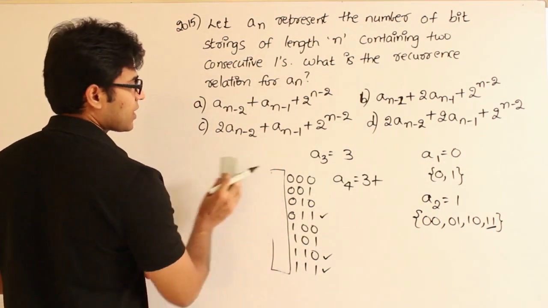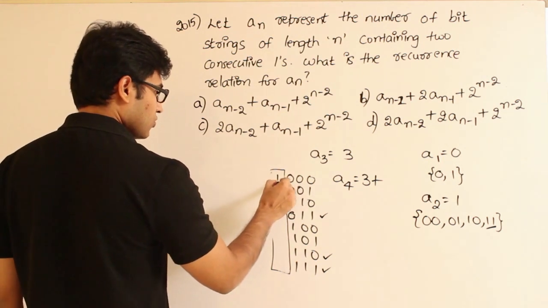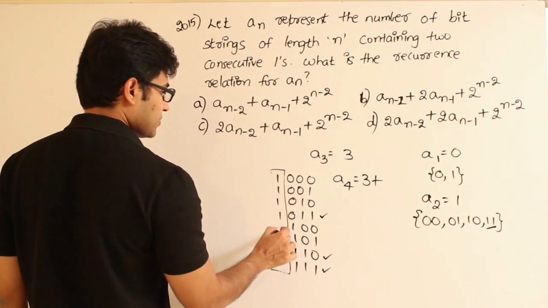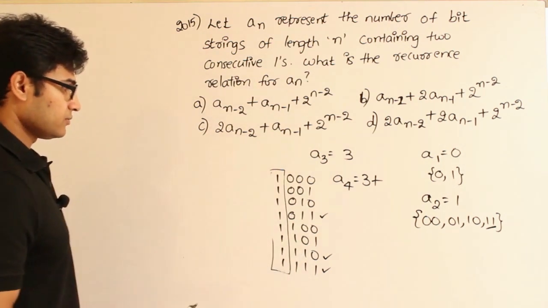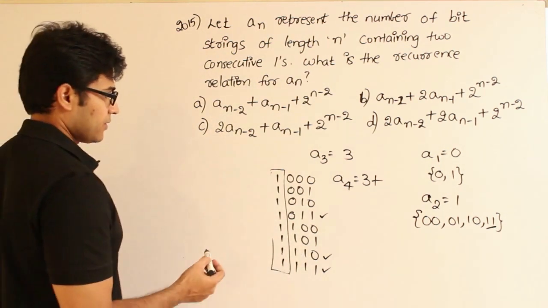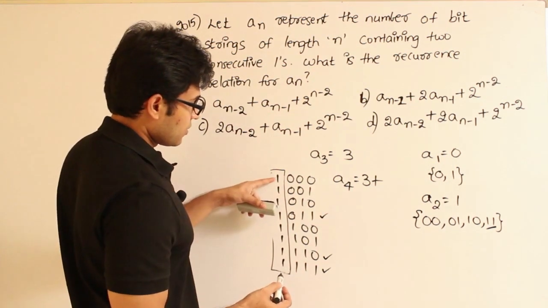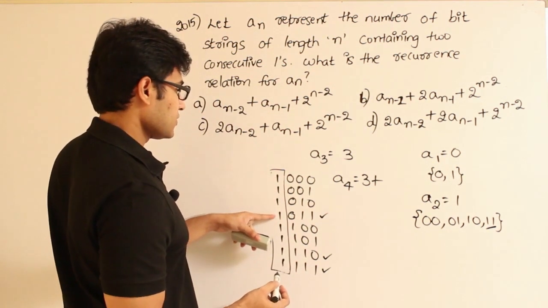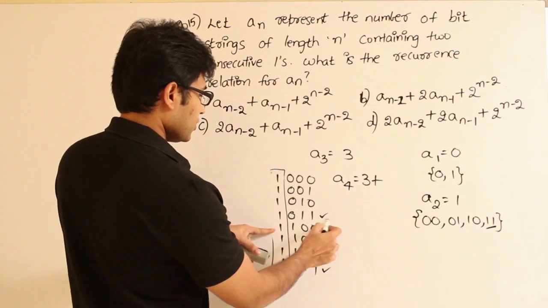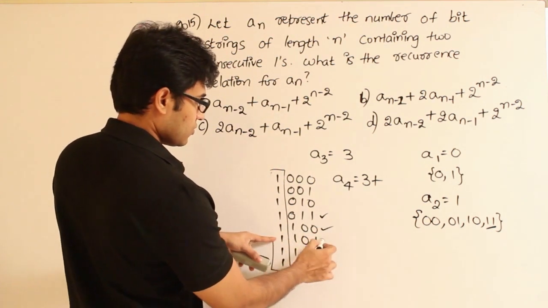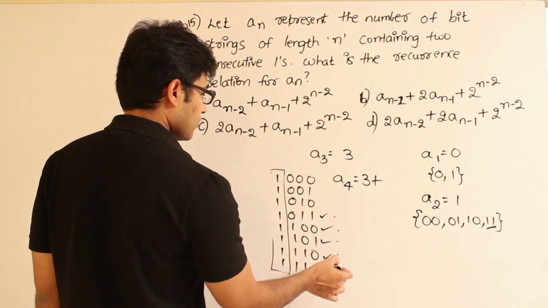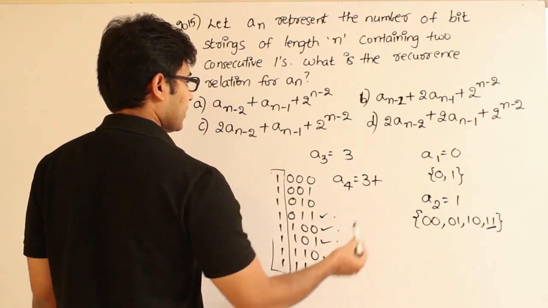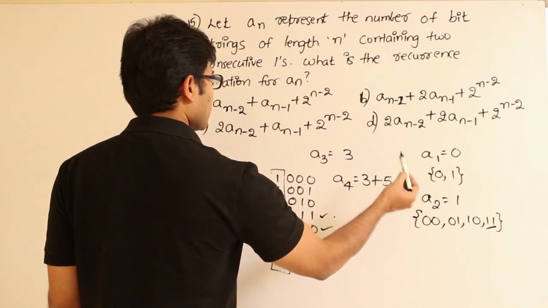Why am I doing this? I am using strings of length 3 to find all the strings of length 4. Now you can check it. I got two consecutive ones again here. So how many did I get? 1, 2, 3, 4, 5, so 5 I got.